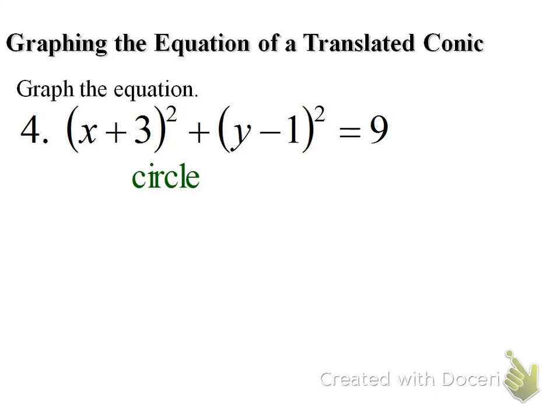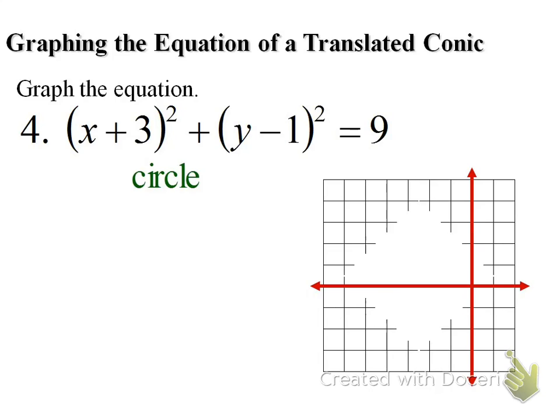But yes, this is going to be a circle not centered at 0, 0. Does anyone know where the center will be? What are they subtracting from the x value? -3. What are they subtracting from the y value? 1. So that's where my center is.